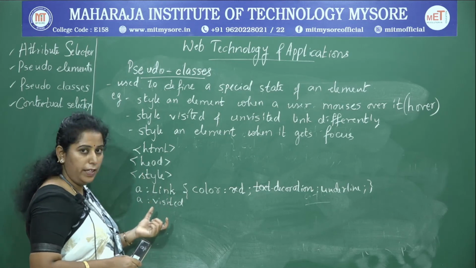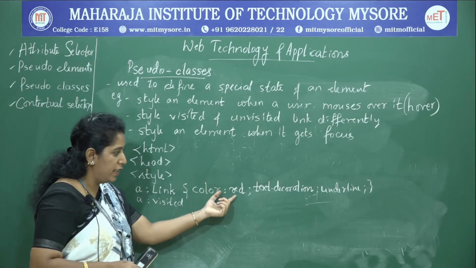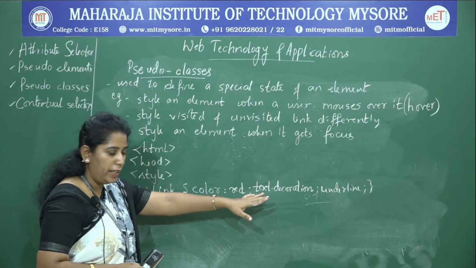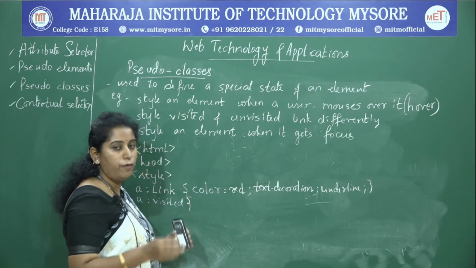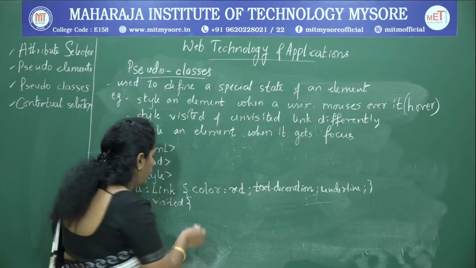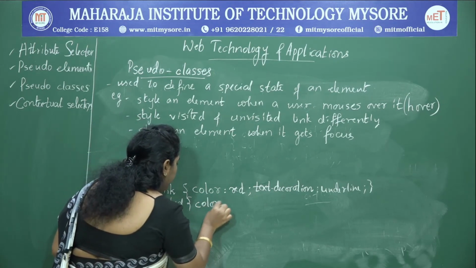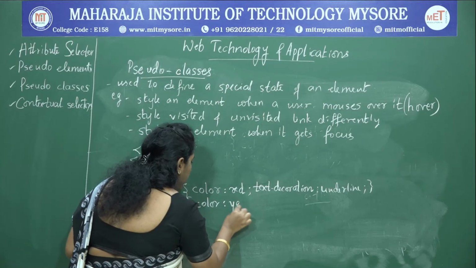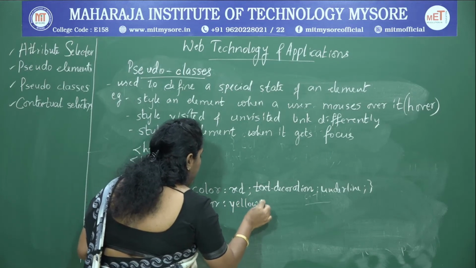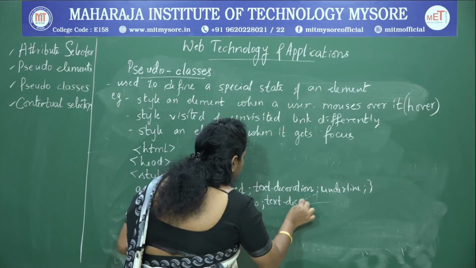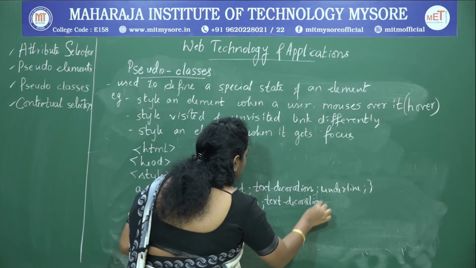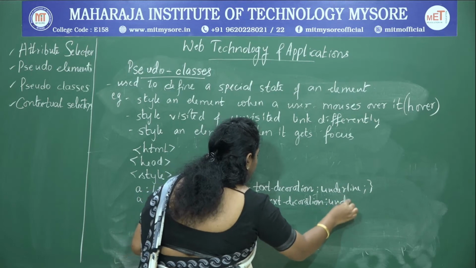The unvisited link should be displayed in red color, and it should be underlined. For the visited link, by default it is purple, but you can change the property to whichever color you wish. I am going to say yellow color for the visited link, then text decoration underline.